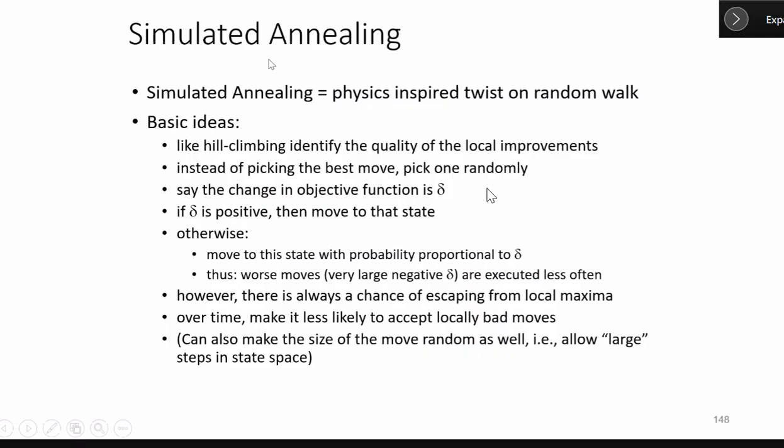Next is simulated annealing. Simulated annealing is also one of the local search techniques. But here it allows downward steps. In hill climbing you are always moving in the forward direction, whereas in simulated annealing even downward steps are allowed.